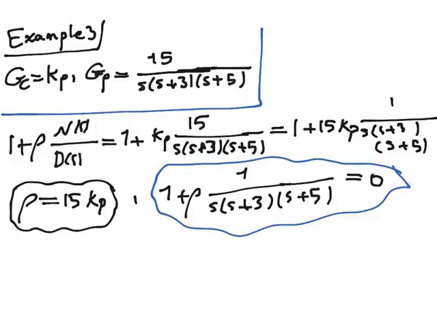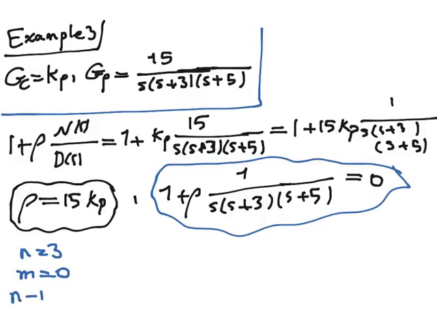So for this example, we see that we have 3 poles, n is equal to 3. So we will have 3 open loop poles, accordingly 3 branches for positive locus and 3 branches for negative locus. M is equal to 0. We don't have any finite zeros of the open loop system.